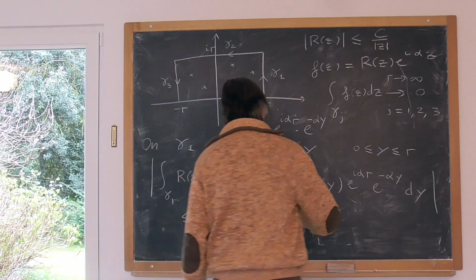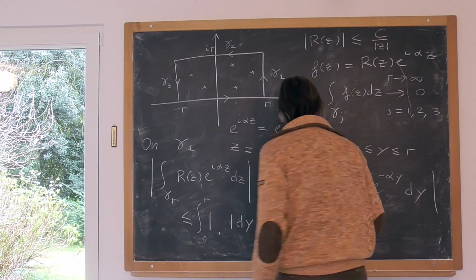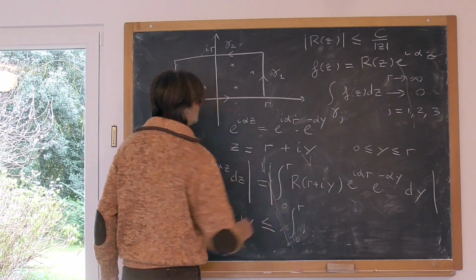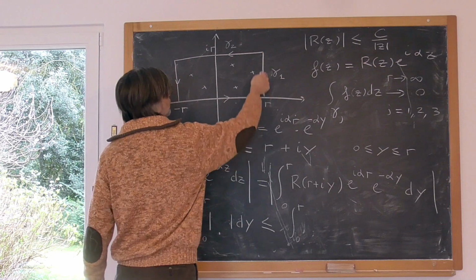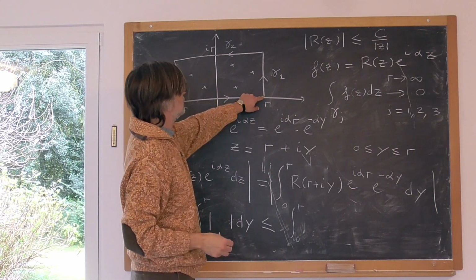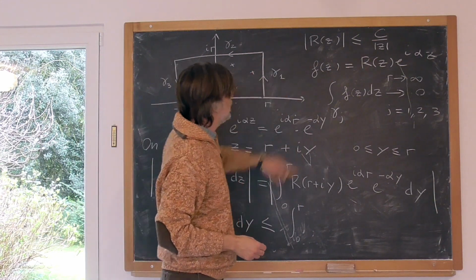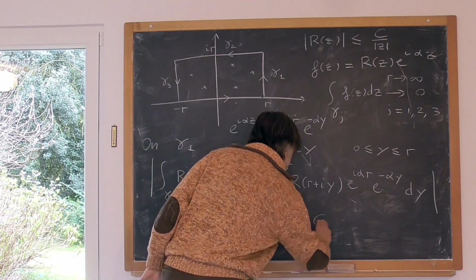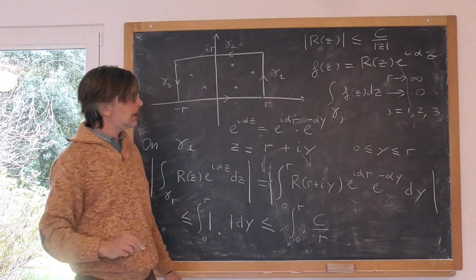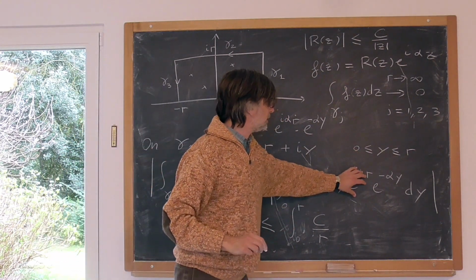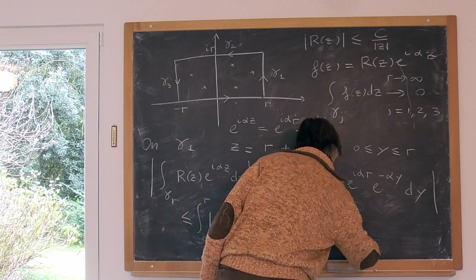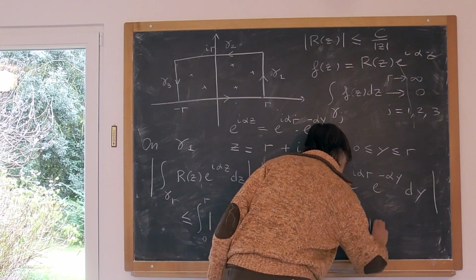So the function R of r plus I y is this rational function, and all these complex numbers have absolute value at least r. So if we use this bound, we just get a contribution like c divided by r. And the absolute value of e to the I alpha r is 1, and the other factor is a positive function, so here we have just e to the minus alpha y in dy.